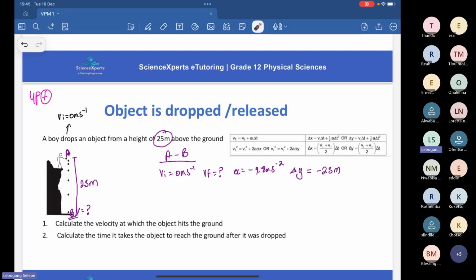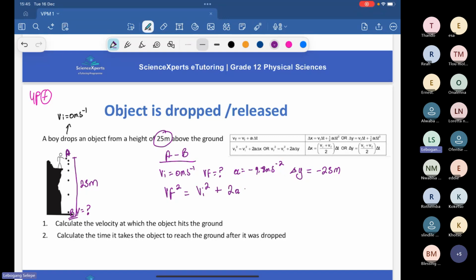Here are the formulas. I gave them to you. Choose which formula has 4 of these variables so that we can calculate. The second one: Vf squared equals Vi squared plus 2 acceleration change in y. Can we substitute now?